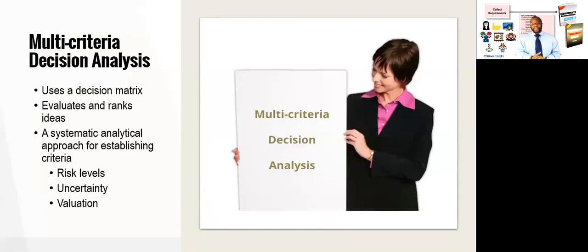MCDA, multi-criteria decision analysis. It uses a decision matrix to evaluate and rank ideas, a systematic analytical approach for establishing criteria. So this is how you need to be thinking. If you're using an MCDA, you could think of things like this.